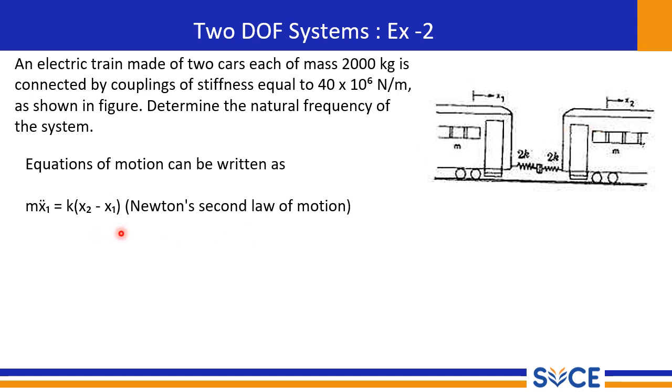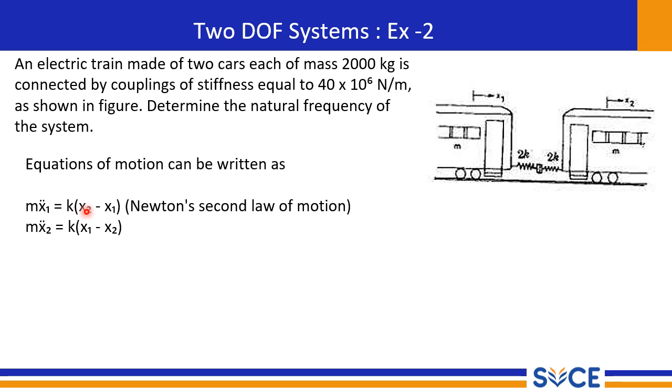In a similar fashion, for mass 2, it is m x2 double dot equal to k times x1 minus x2. These two equations describe how the acceleration of each car is related to the spring force between them.